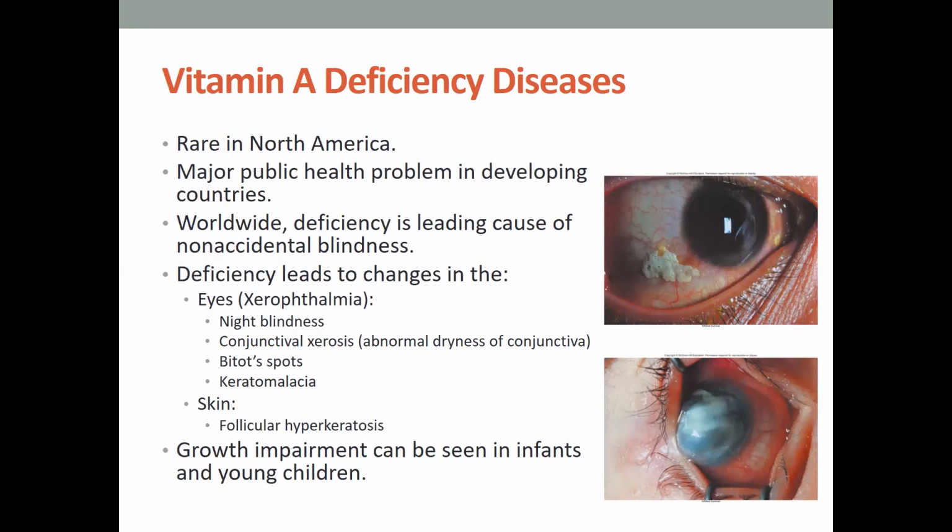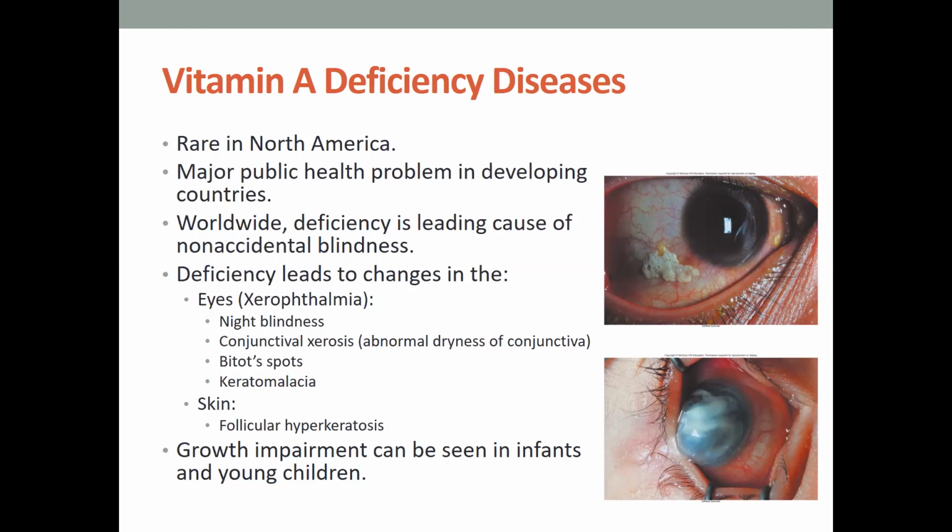Okay, so we've learned the functions. Now we're going to talk about what happens when you have a deficiency. Just to grab your attention, we've got some kind of disgusting looking pictures here. This is extreme vitamin A deficiency that would happen if you were quite deficient. It is very rare in North America because we don't tend to have a lot of problems with this vitamin.